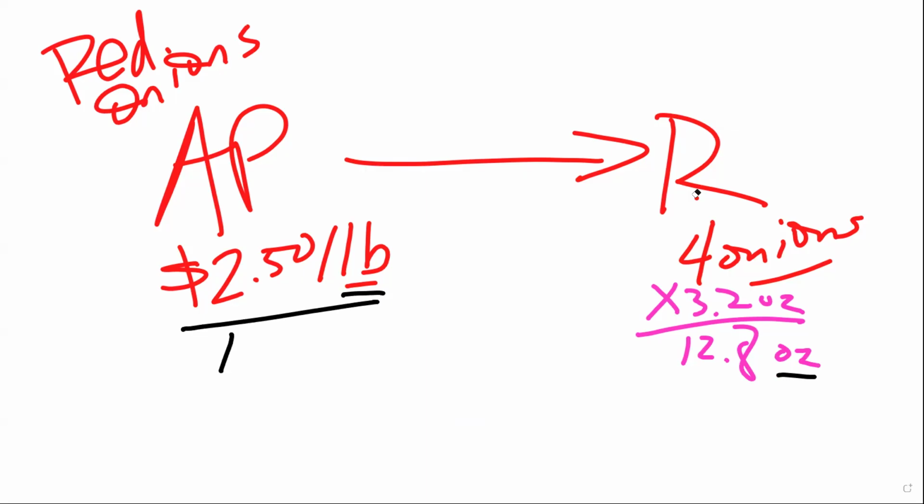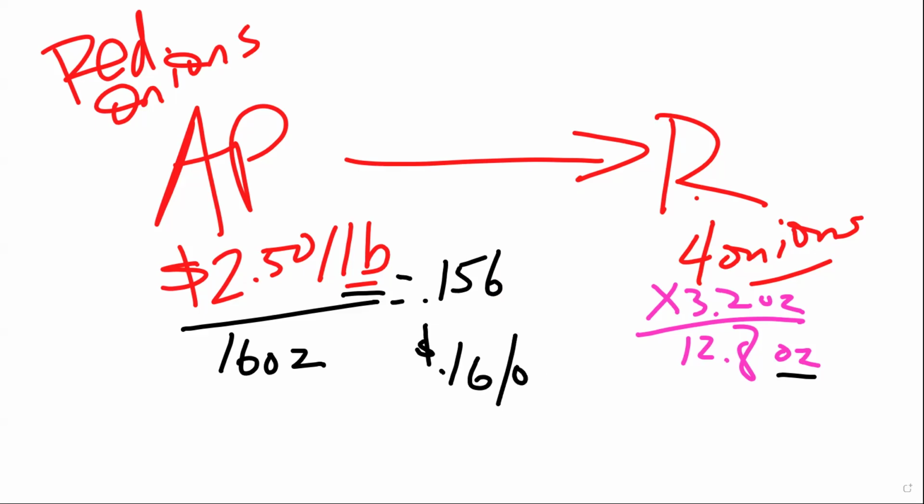So if I divide by 16 ounces, $2.50 divided by 16 ounces comes out to 0.156, and I'm going to round that up to 16 cents per ounce, because 16 ounces is a pound.